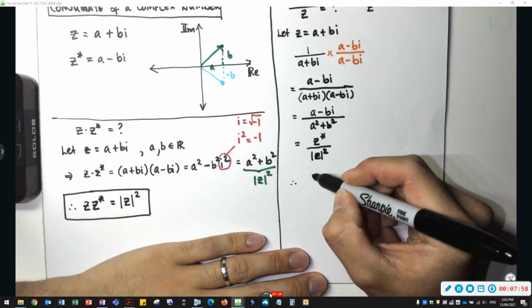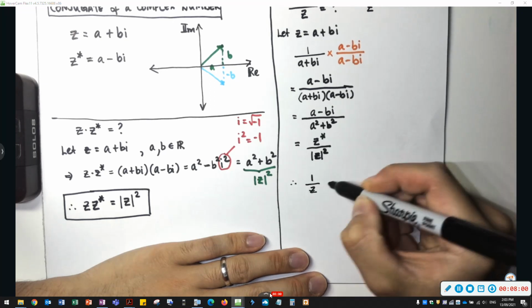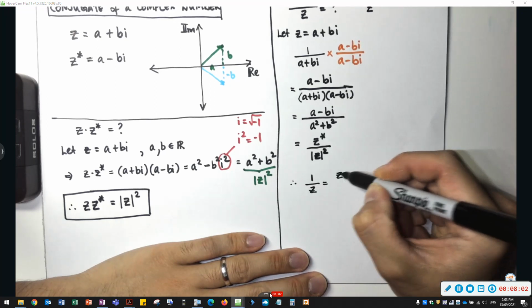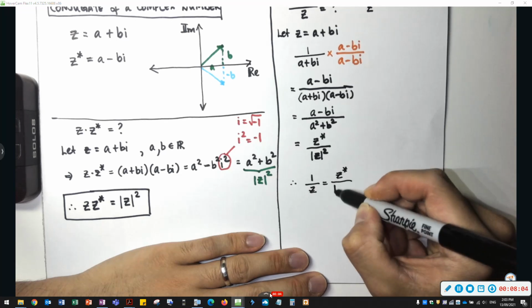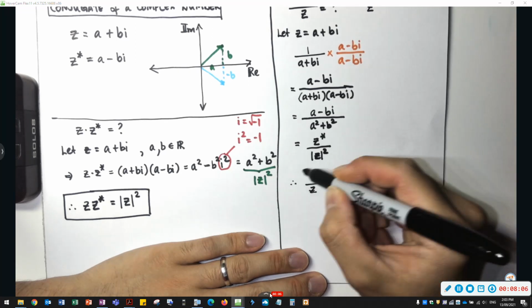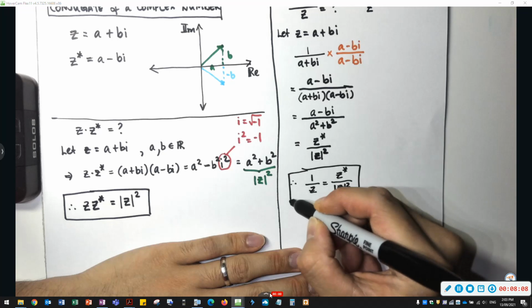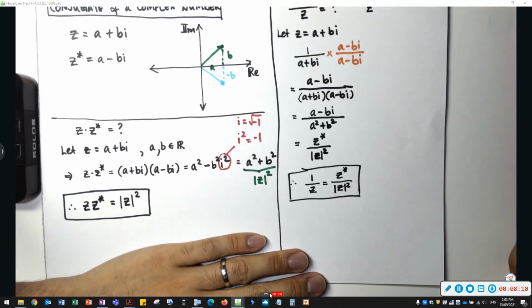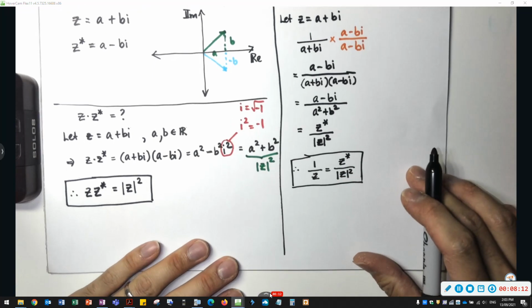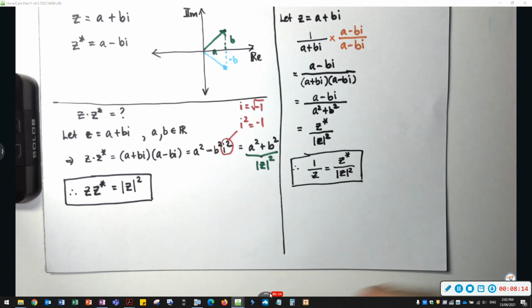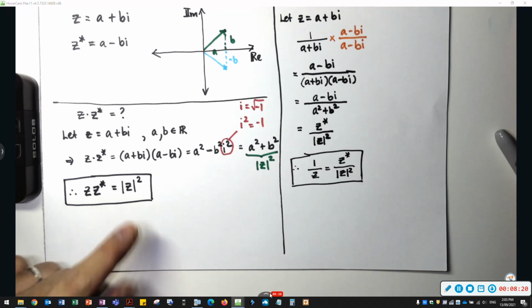Therefore 1 over z equals the conjugate divided by the square of the modulus. Just give you a moment to have a look at these two expressions carefully. Do you notice anything similar between the two?